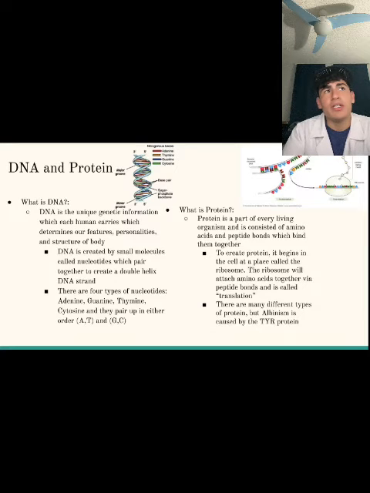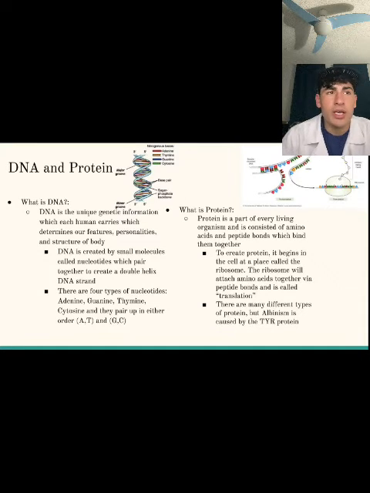So DNA is unique and it's passed down through your family, and it's genetic information which is unique to each and every individual on the planet. It's created by small molecules called nucleotides, and they base together in a double helix shape.